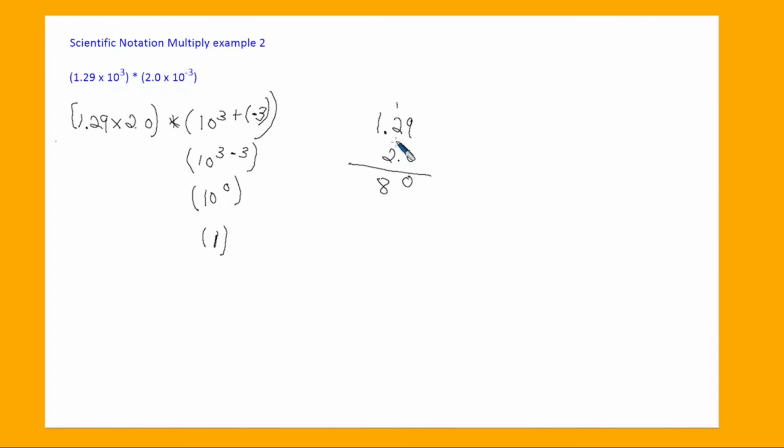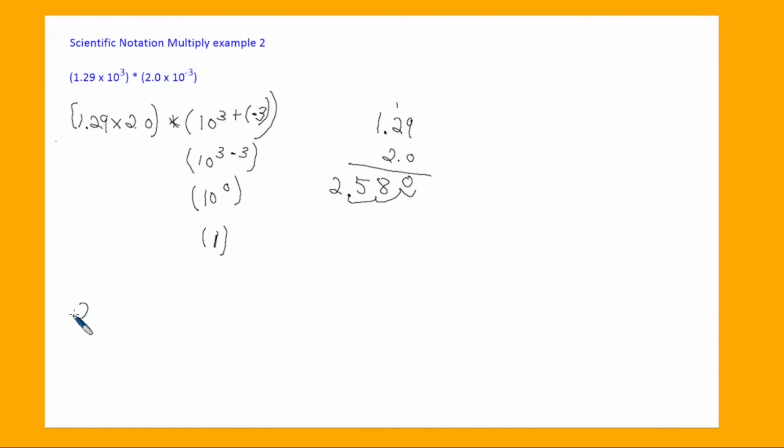I carry the 1. 2 times 2 is 4, plus the 1 is 5. And then 2 times 1 is 2. And I have 1, 2, 3 decimal places. So that means that my decimal place goes there.